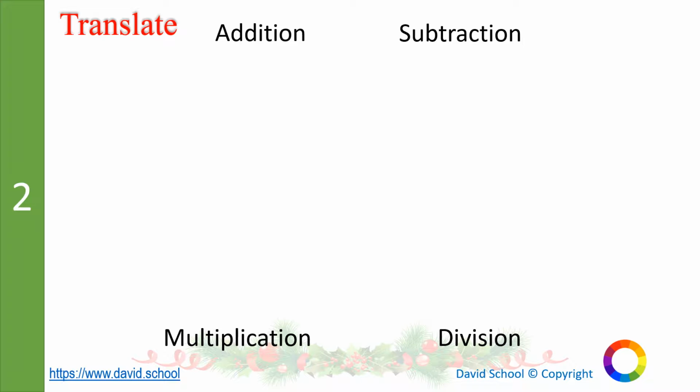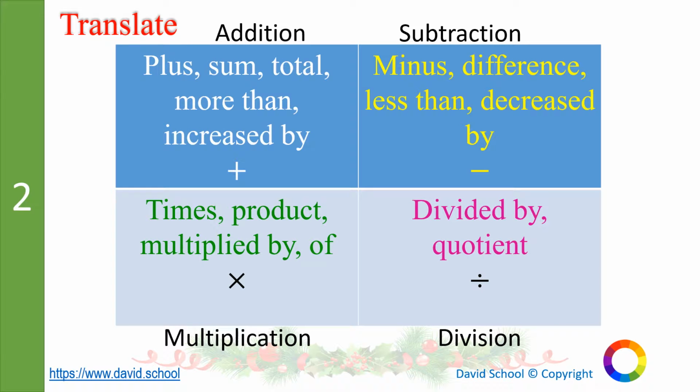In order to translate a verbal model into an algebraic expression, and vice versa, we need to learn these words and their meaning. Whenever we use plus, sum, total, more than, increased by, we use the plus symbol for these words. Similarly, in subtraction, we use minus, difference, less than, decreased by.